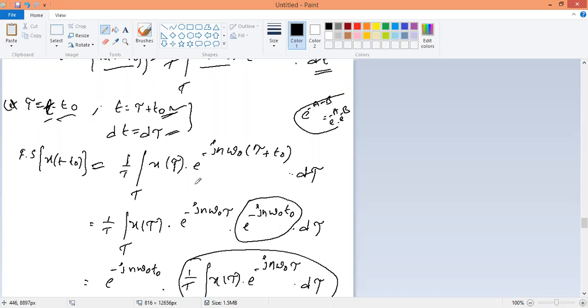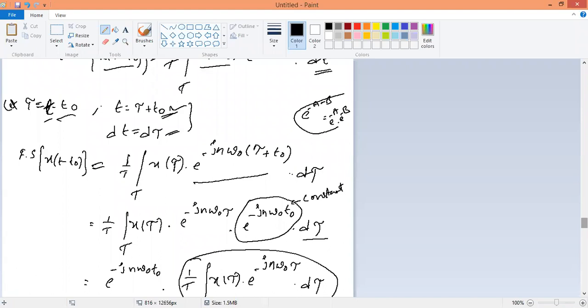Now here also this value is written as e power minus j n omega naught tau into e power minus j n omega naught t naught into d tau. With respect to d tau, here e power minus j n omega naught t naught value is a constant value.